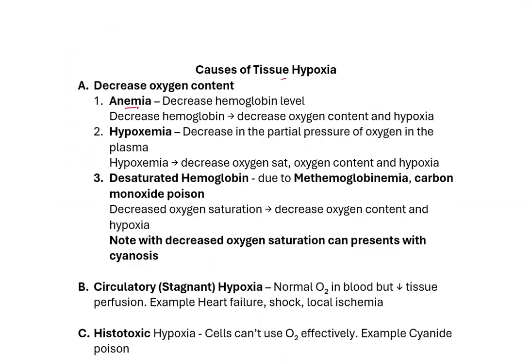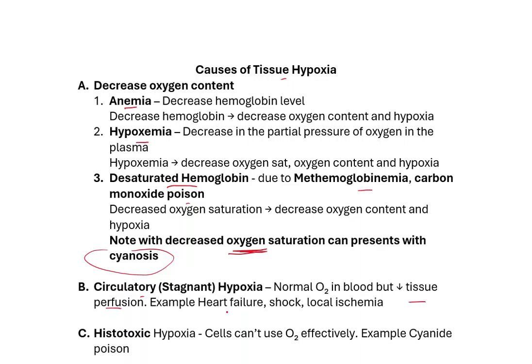Anemia, right? We spoke about that. Hypoxemia, right? Desaturated hemoglobin, maybe due to methemoglobinemia or carbon monoxide poisoning. Anytime you have a decrease in oxygen saturation, that could lead to what? Cyanosis, right? And it could also be a circulatory problem, whereby there is normal oxygen in the blood, but there is decreased tissue perfusion.